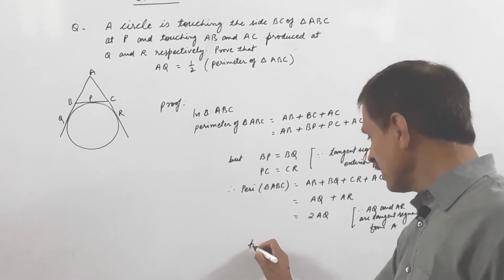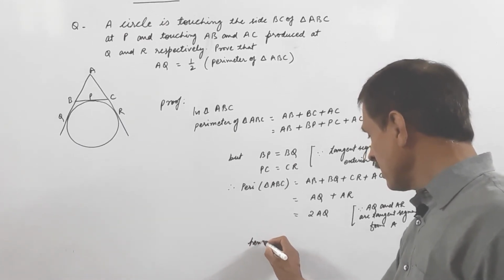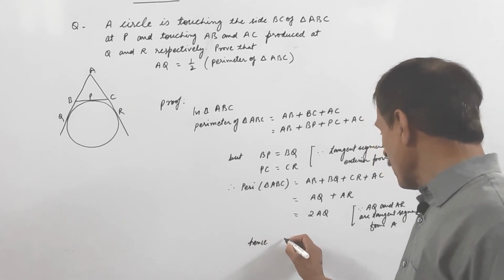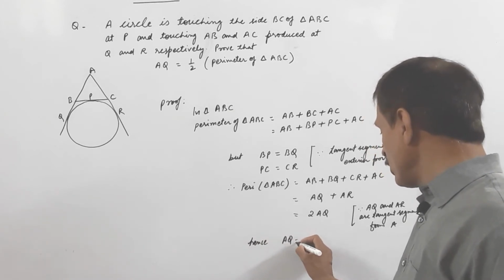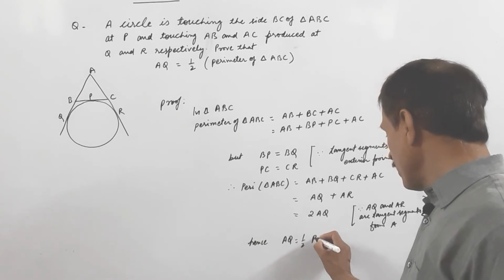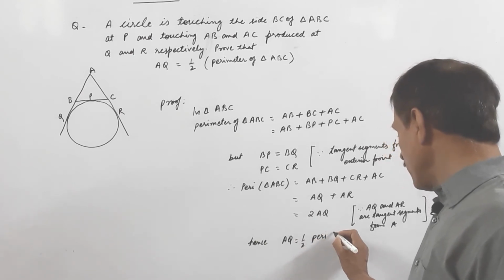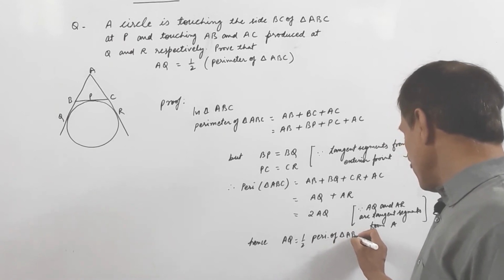Hence, AQ is equal to half perimeter of triangle ABC.